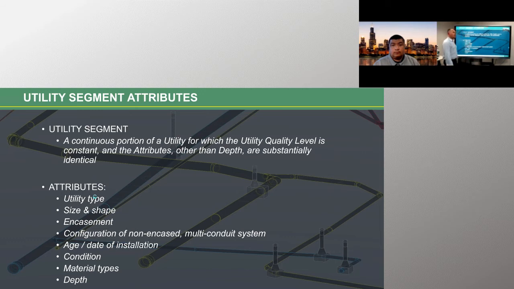We have, down here in Florida, AT&T duct banks can be up to 24 4-inch PVCs in a 12 or 3x4 configuration. Age and date of installation, condition, material types, and obviously depth.